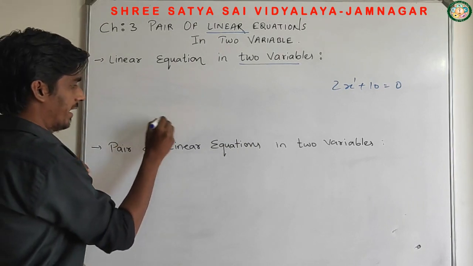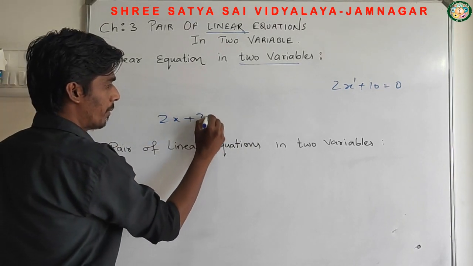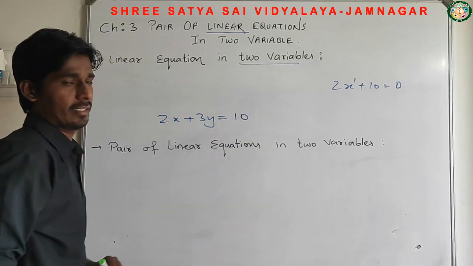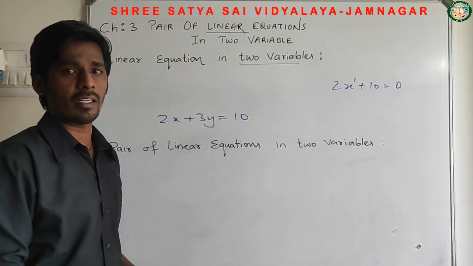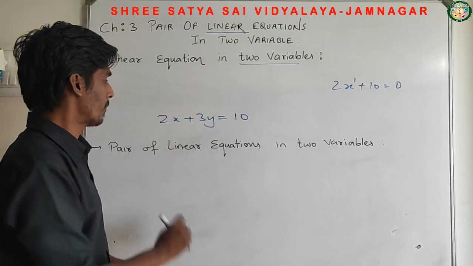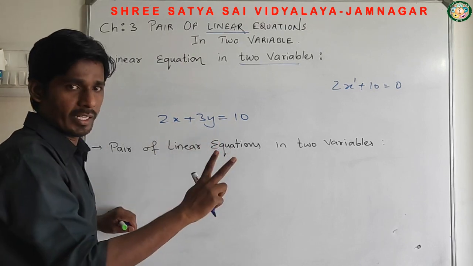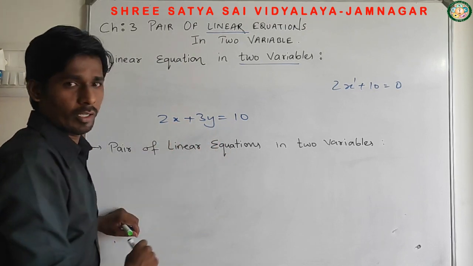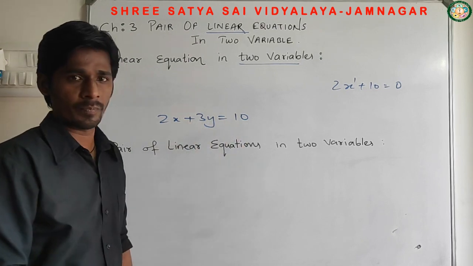Now for a linear equation in two variables I can write 2x plus 3y equals 10. So I can say this equation is a linear equation with two variables. Why? Because x and y, two variables, are there. 2 and 3 are real numbers, and 10 is also a real number.